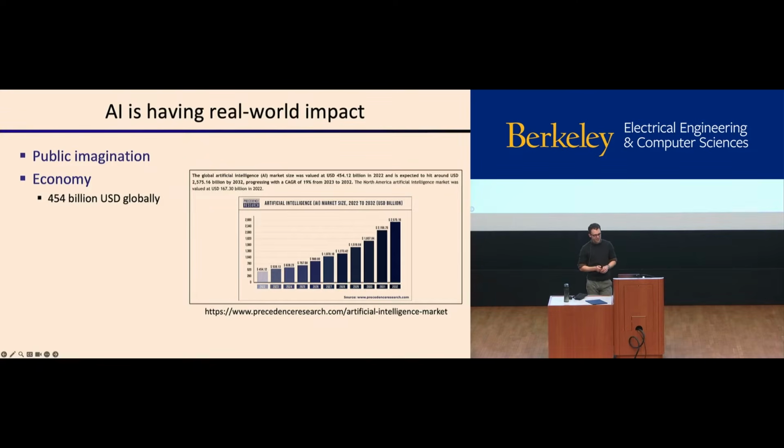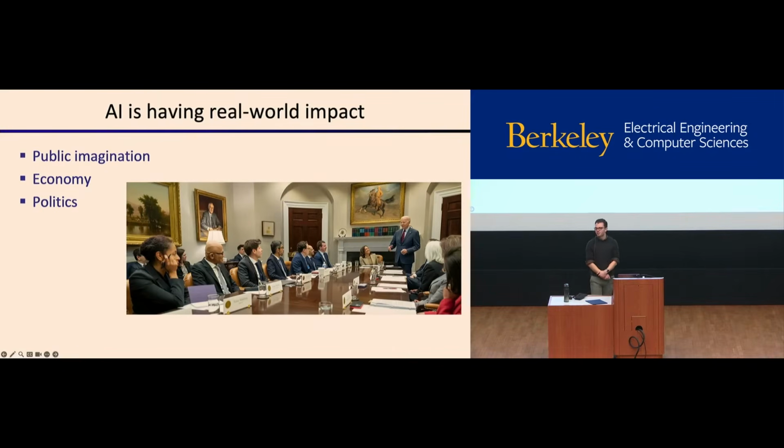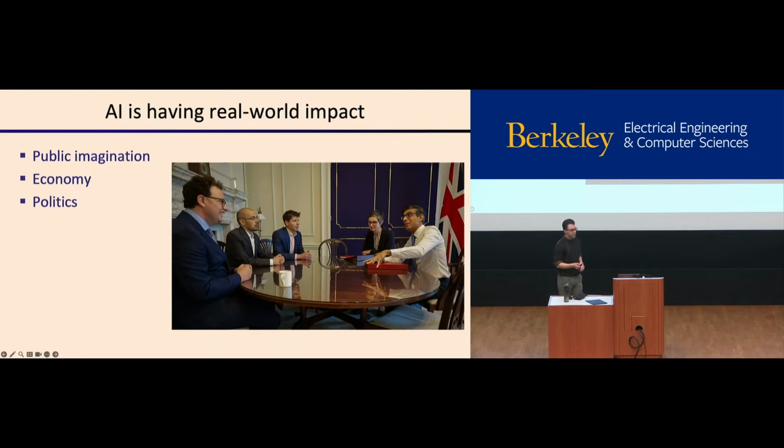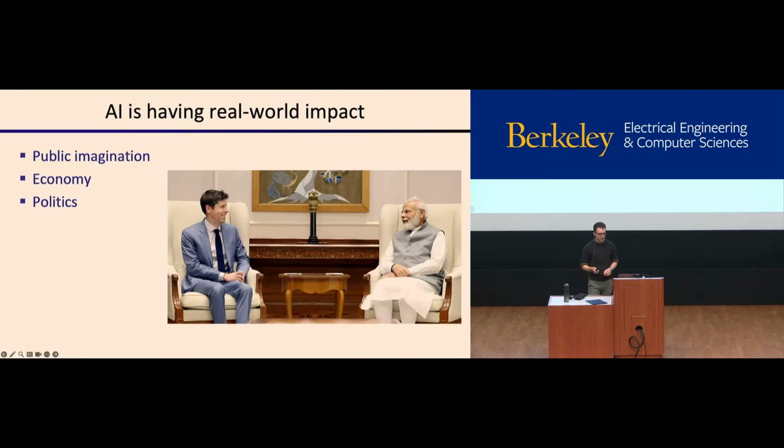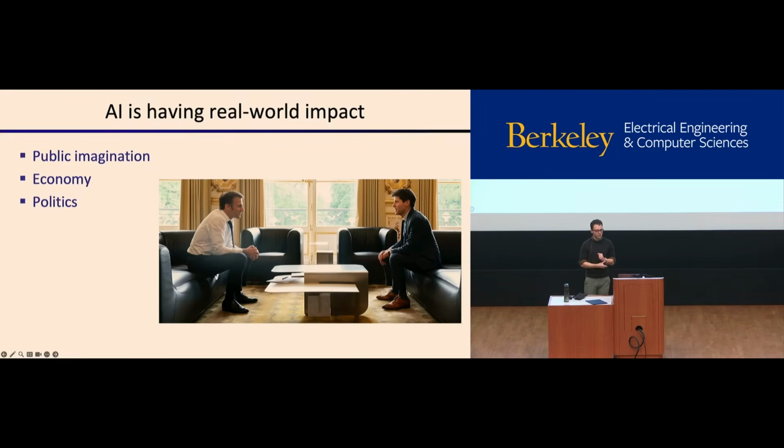This is having an impact on politics too, because now all the governments are trying to figure out how do we regulate these systems? What should we be regulating? What should we just let the market decide? And so you see the heads of all these AI companies meeting with the heads of our government and with the heads of other countries' governments and various prime ministers. These companies have a lot of power in the world now. They have a lot of political power.